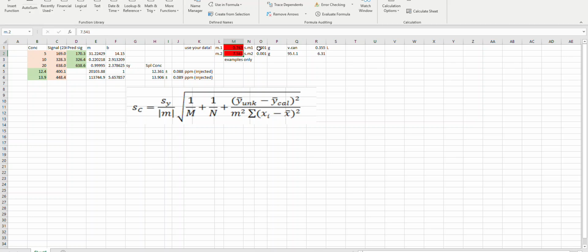M1, M2, SM1, SM2, V can, and 95T1. Okay, so this is going to be equal to sample concentration times this divided by this. Since I gave these fancy names, I don't have to make absolute references there, right? Equals this times this divided by this, right?